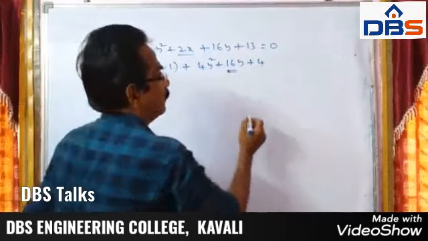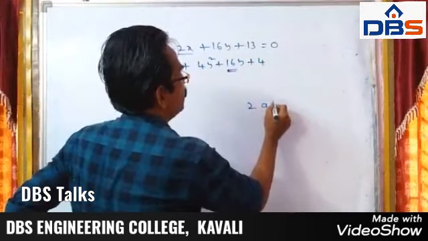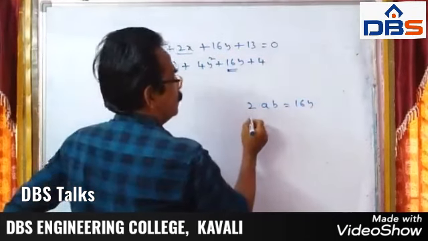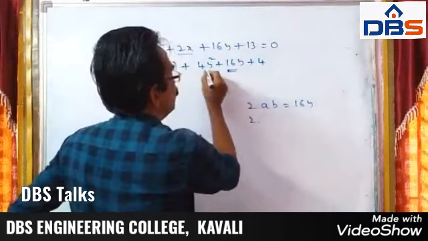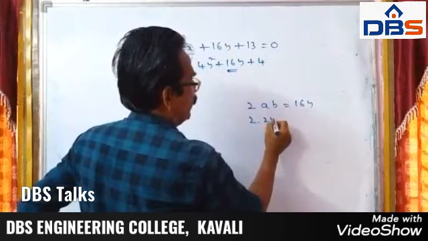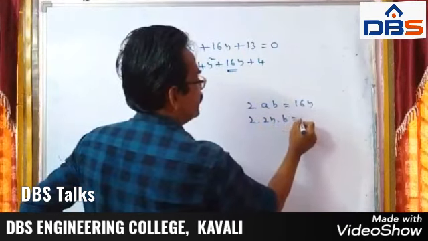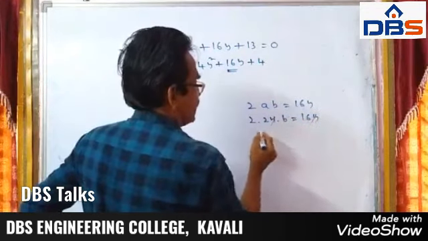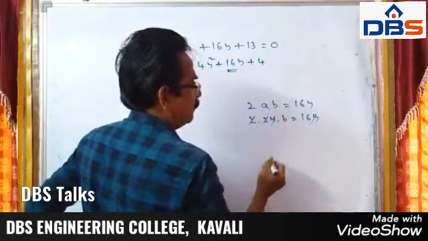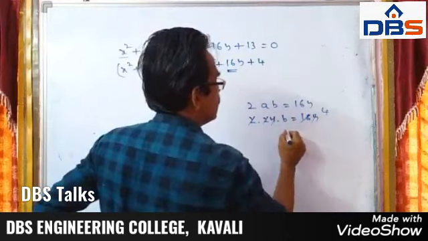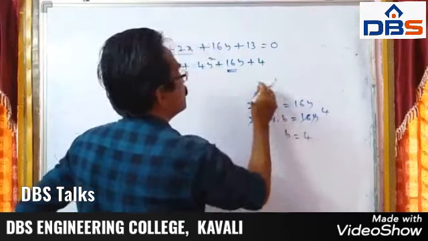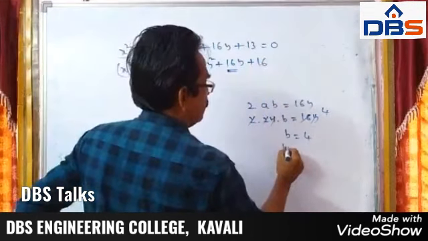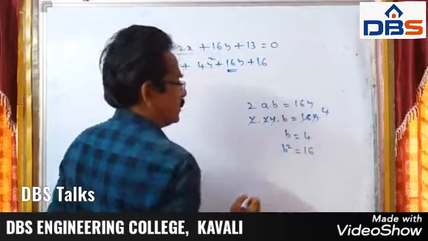What is 2ab? 2ab is equal to 16y. 2 into a, 2y whole square, 2y into b is equal to 16y. y gets cancelled. 2 2's are 4, 4 4's are 16. b is equal to 4. So 16 to be added. b square is to be added. So b square is equal to 16.